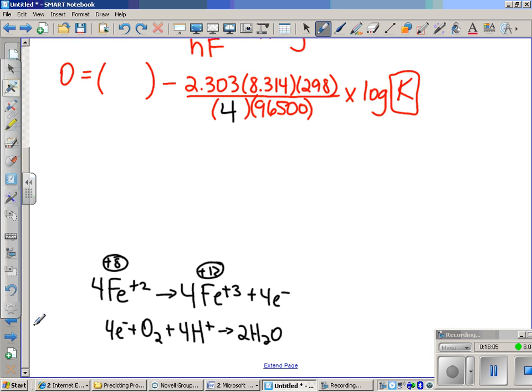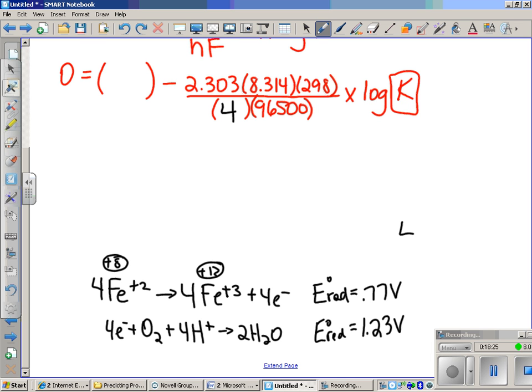And then we look up our potentials for these ones. So the standard reduction potential for this one is 0.77. And the reduction potential for this one is, oh boy, it got cut off, 1.23. Okay.